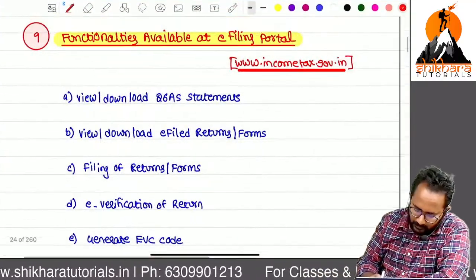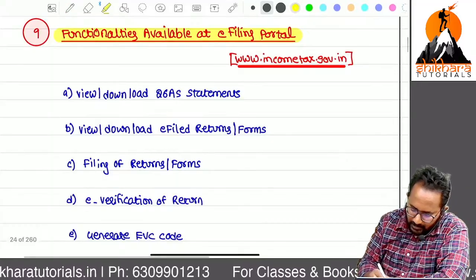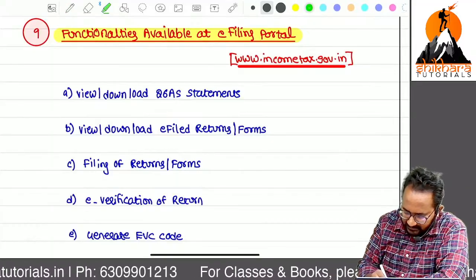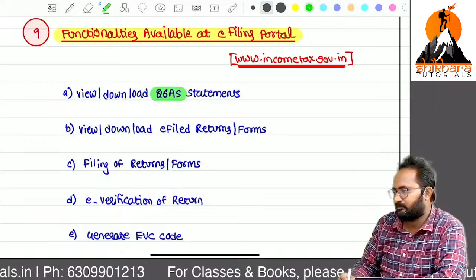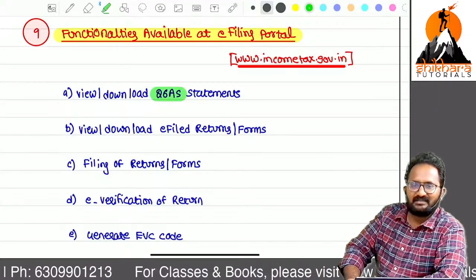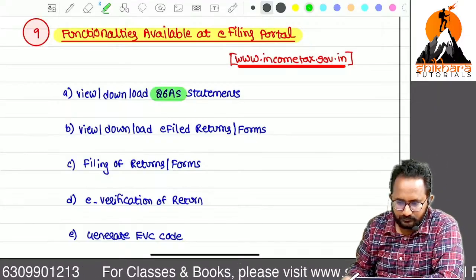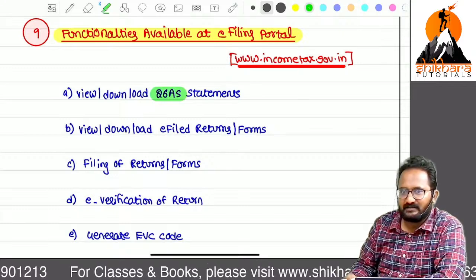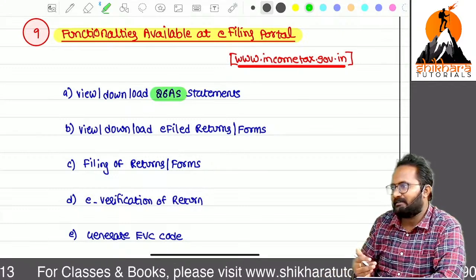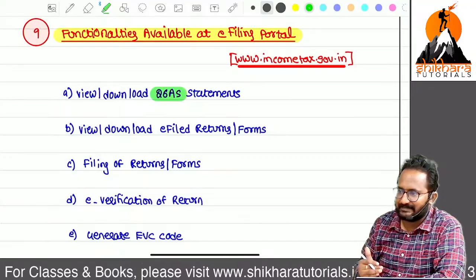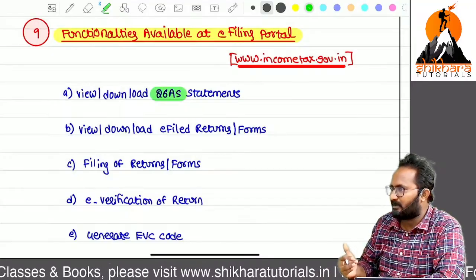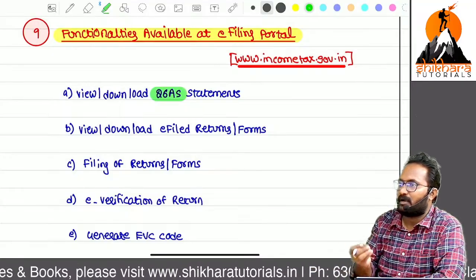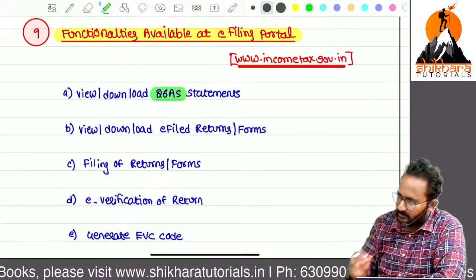Sir, you can view and download the 26AS statement. What is the 26AS statement? It gives details about whatever TDS and TCS were deducted and collected during the previous year, and you can download that statement from this e-filing website.